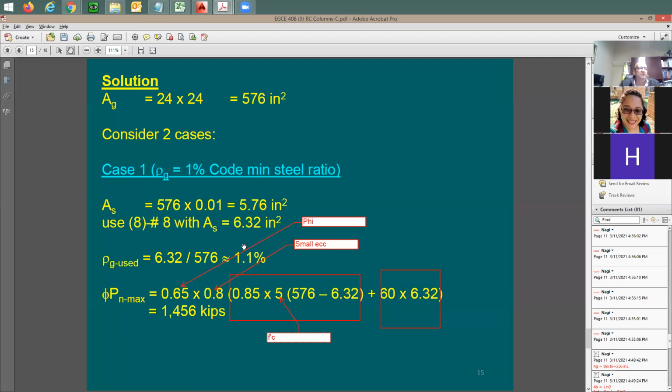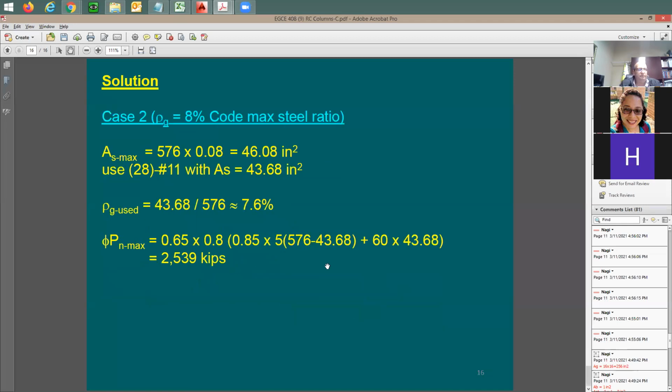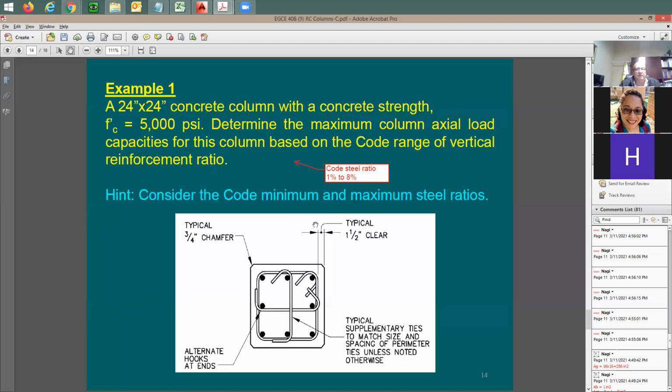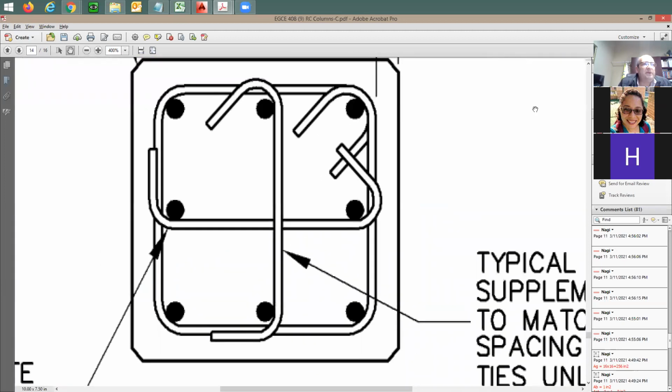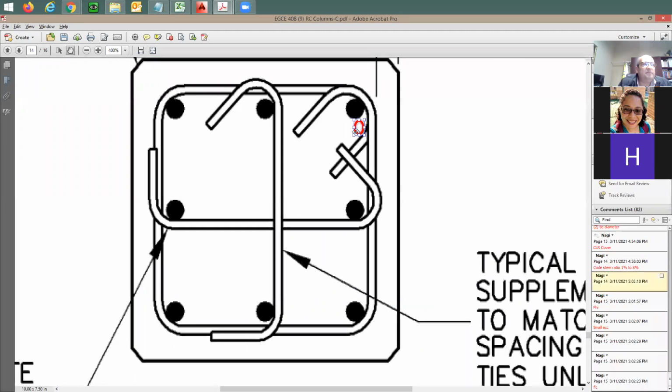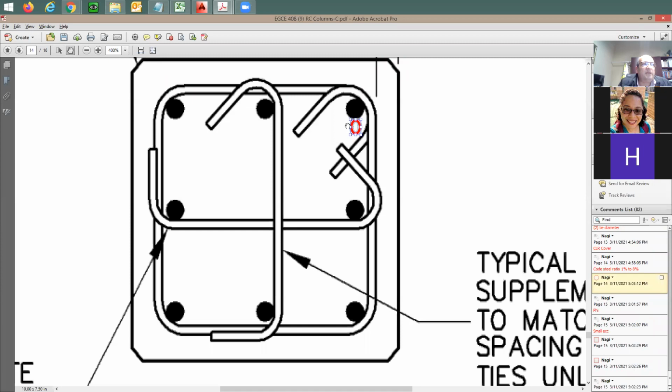Okay, let me try here the 8%. I'd like to get here to 8%. The problem is going to be how many rebars can you fit in here? And what arrangement would you do? So in this case, based on experience, I can put 1 rebar here. I can put another rebar right next to it, like this, right?